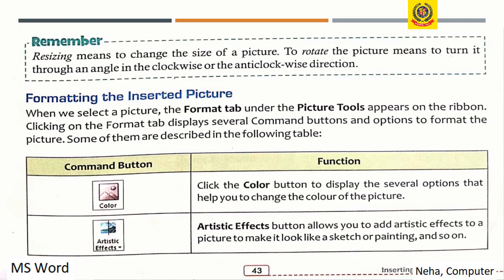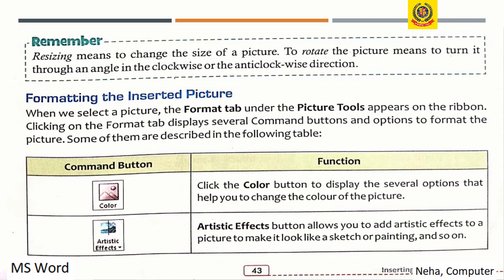Now after this, we can do the formatting of the picture which we have inserted. There are many command buttons used for that. So I am reading the command buttons now, and we'll see this practically in Microsoft Word.